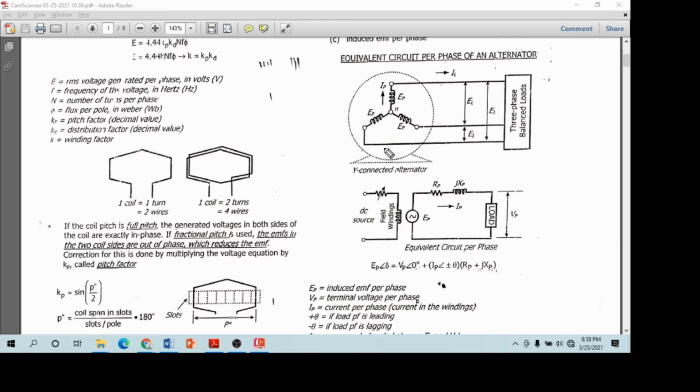As it rotates, it produces the magnetic field of the alternator, and that magnetic field rotates as the rotor rotates.